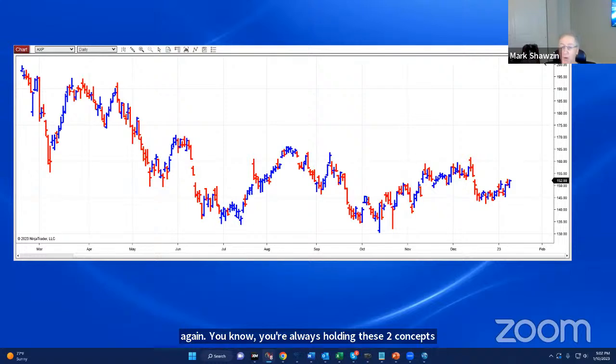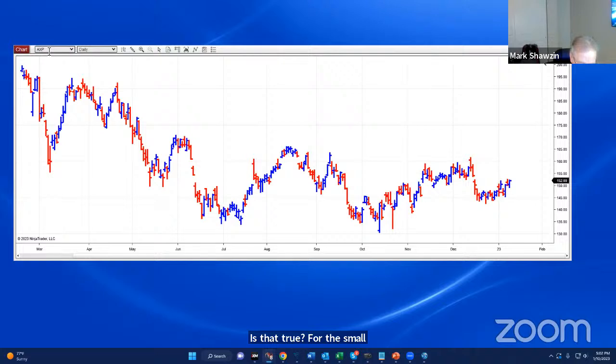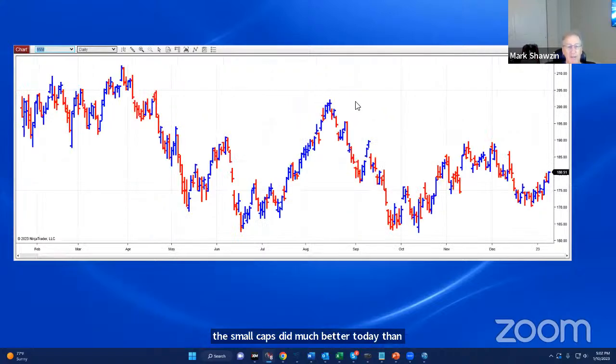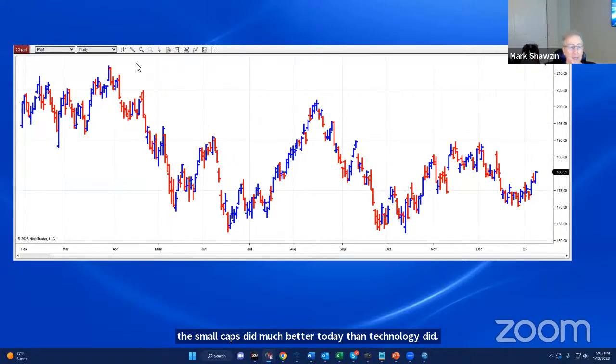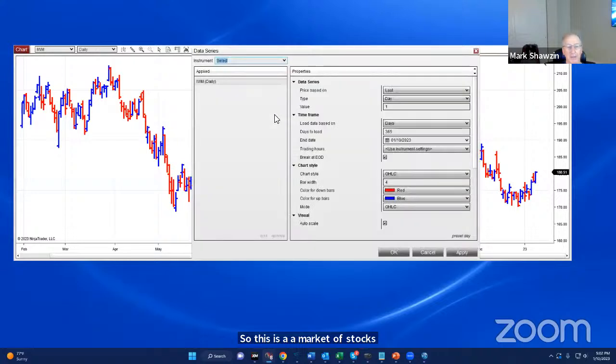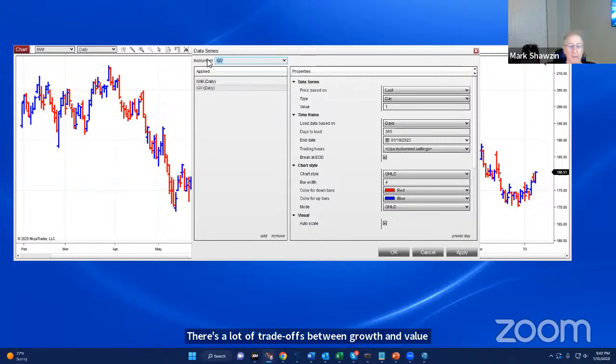Is that true for the small caps? So actually, ironically, the small caps did much better today than technology did. So this is a market of stocks, not a stock market. There's a lot of trade-offs between growth and value, and a lot of sector rotation.